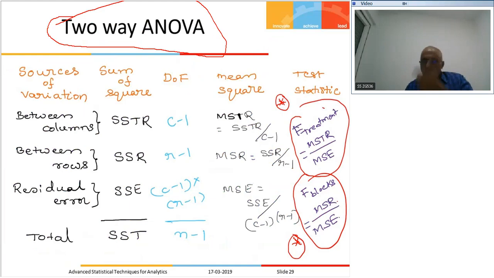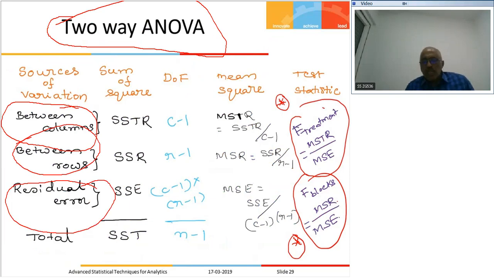In this case, we do it with respect to columns as well as rows, and the corresponding residual errors, that is the sum of squared errors. The degrees of freedom also differ: R minus 1, C minus 1, and the product of both, (C minus 1) into (R minus 1). Like this, we can take the two-way ANOVA problem.